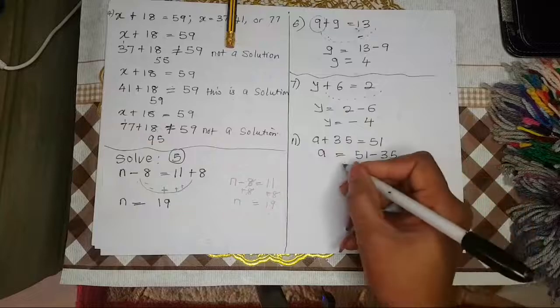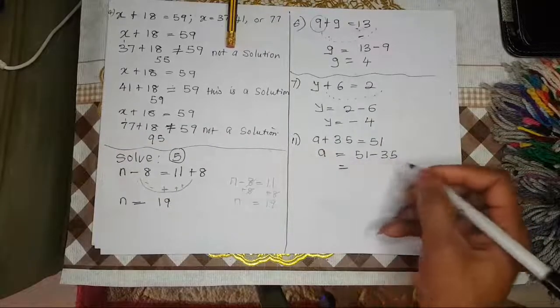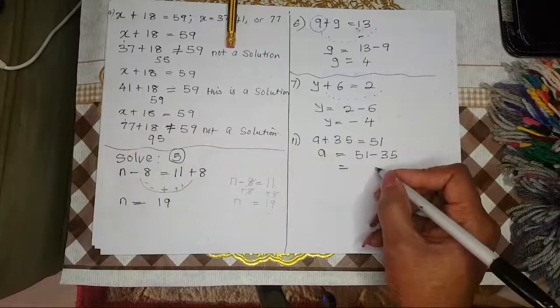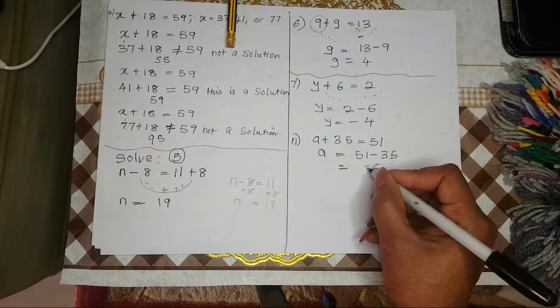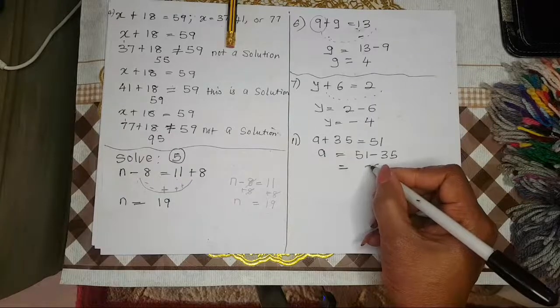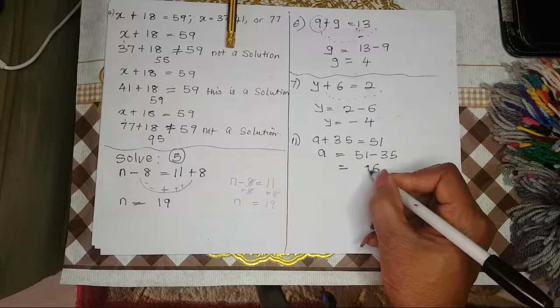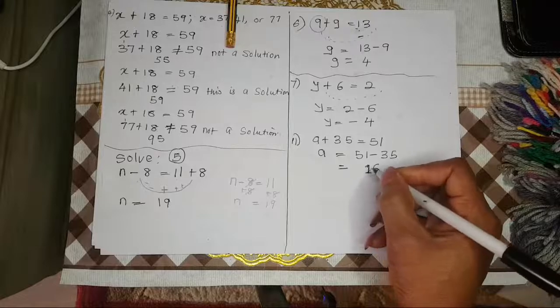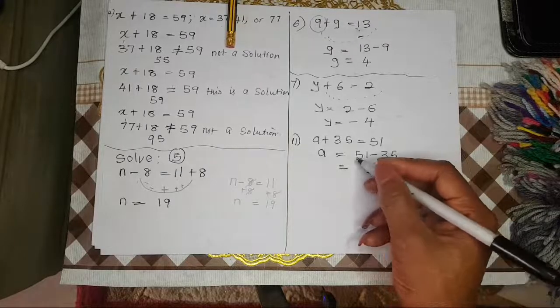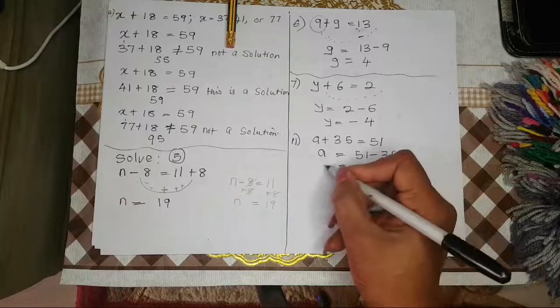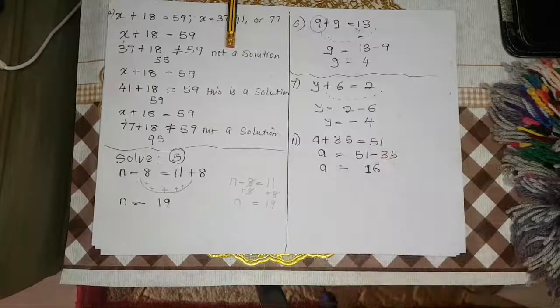Okay, so this is going to give you 6 and 1. Sorry, this is 1. 16. This is going to give you 16. So the sign of the bigger number is plus, so we leave it plus. A is equal to 16.